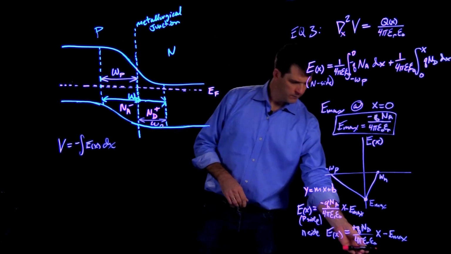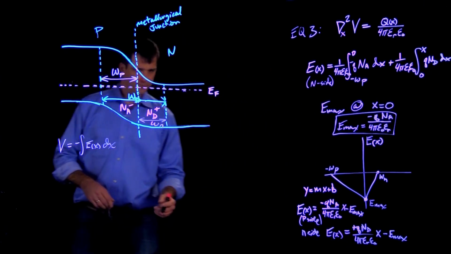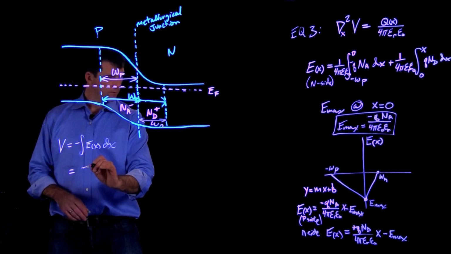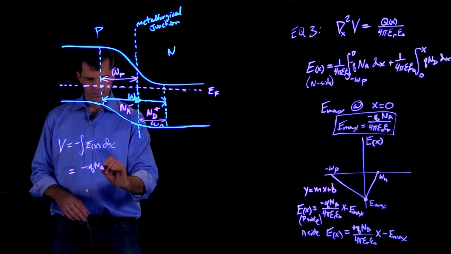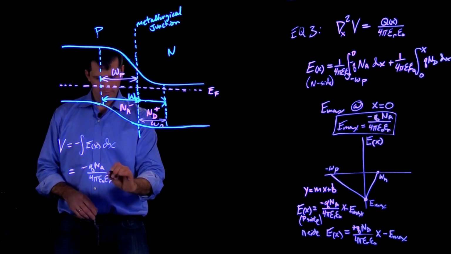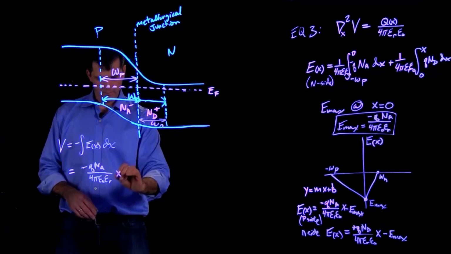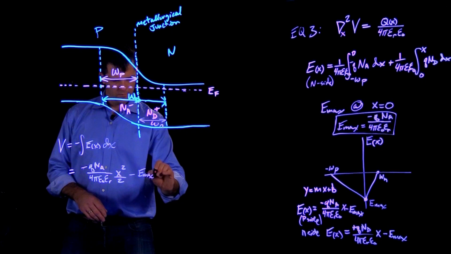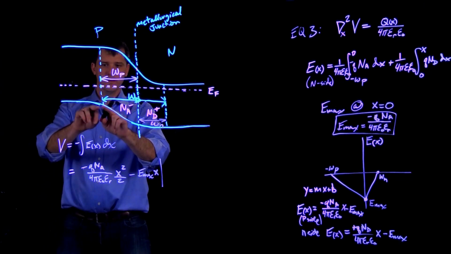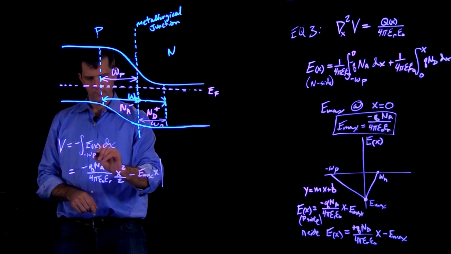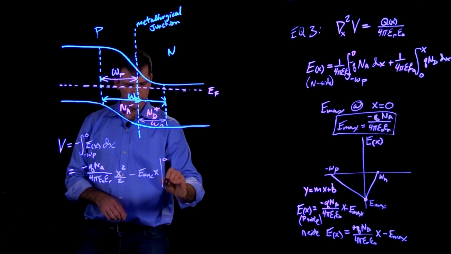And what we're going to get when we integrate this side here, sorry, let me start with the p side. So we'll pull out the constants, negative q Na over 4 pi epsilon naught epsilon relative times x squared over 2, and then minus Emax times x. We're going to carry out our integration from the edge of the depletion width to 0, so negative Wp to 0.